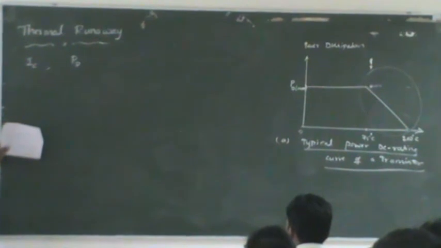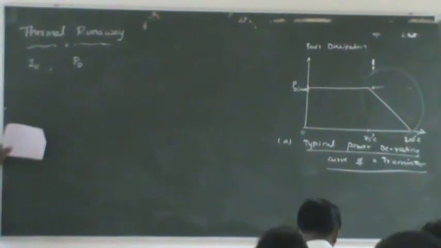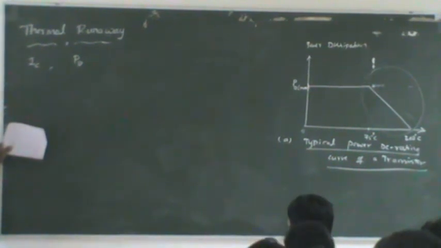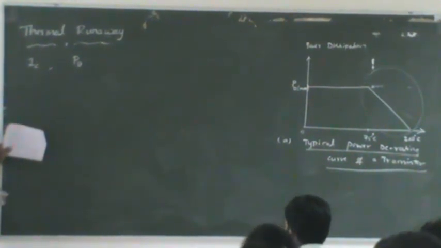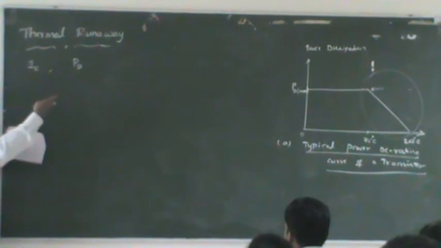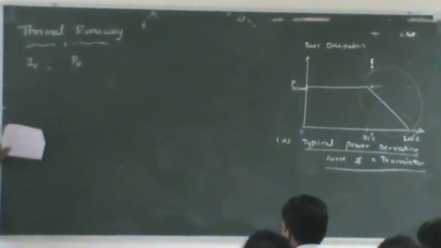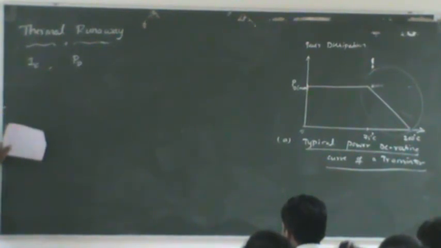Because we know that the power dissipation formula is voltage multiplied by the current. When there is a current flow, the transistor will offer some resistance to it. Current squared into resistance, I squared R, also relates to the power. Power is dissipated. So what will happen to the junction temperature? Do you think the junction will remain constant?